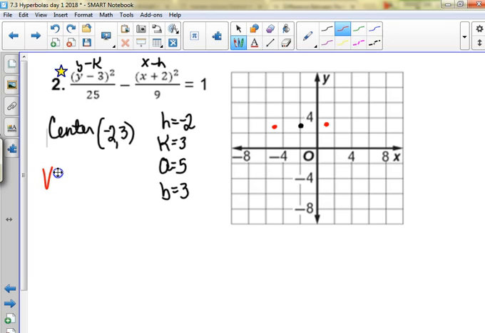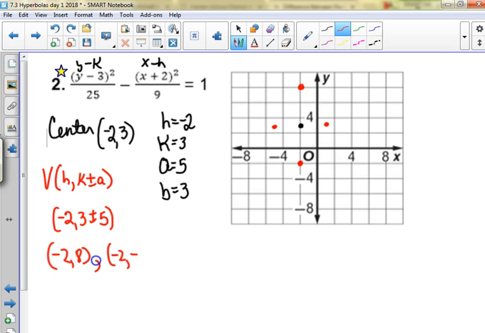If you look at your sheet, when the y is the positive one, it says the vertices are at h, comma, k plus or minus a, which is -2, comma, 3 plus or minus 5. If we go from here, up 5 and down 5, we get -2, 8, and -2, -2. Does that seem right to everybody?